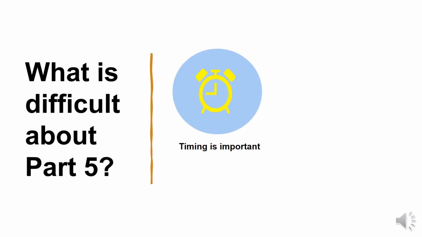Timing is very important. When you take the B1 Preliminary test, you need to be aware of the strict time limit. In the reading paper, you only get 45 minutes to finish all 6 tasks. In some of the parts, you have to read pretty long texts or you have to think about filling in gaps, like in part 5.